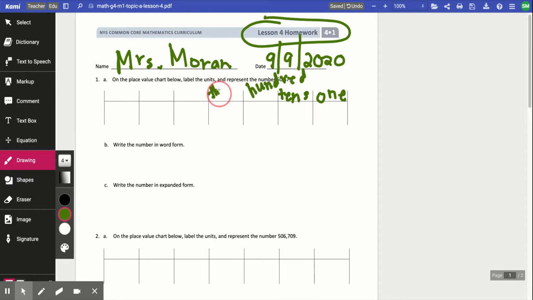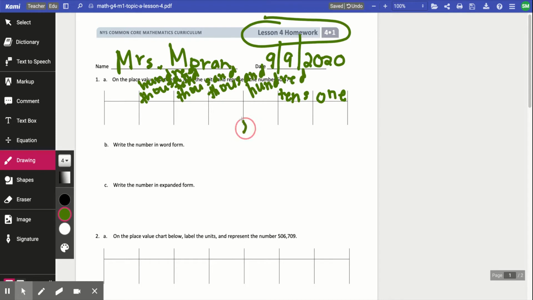Probably going to need to do the same here. The 3-digit number is 1,000. Then we have 10,000. This is 100,000. Oh, traffic jam.